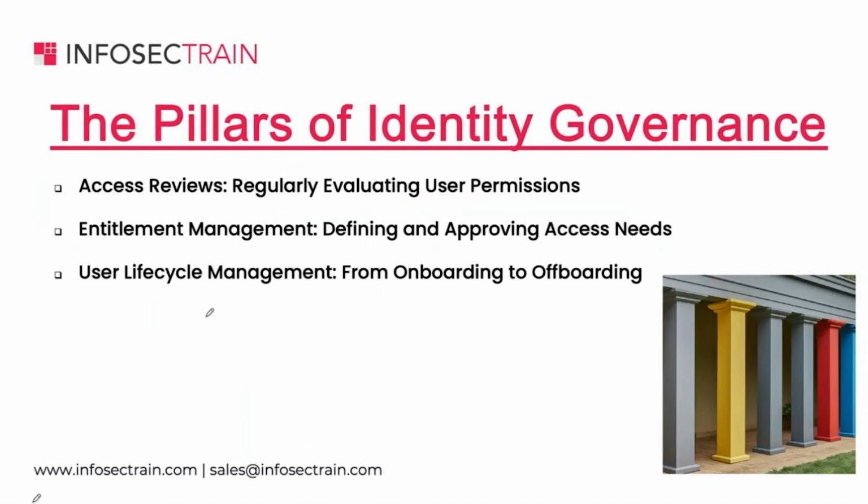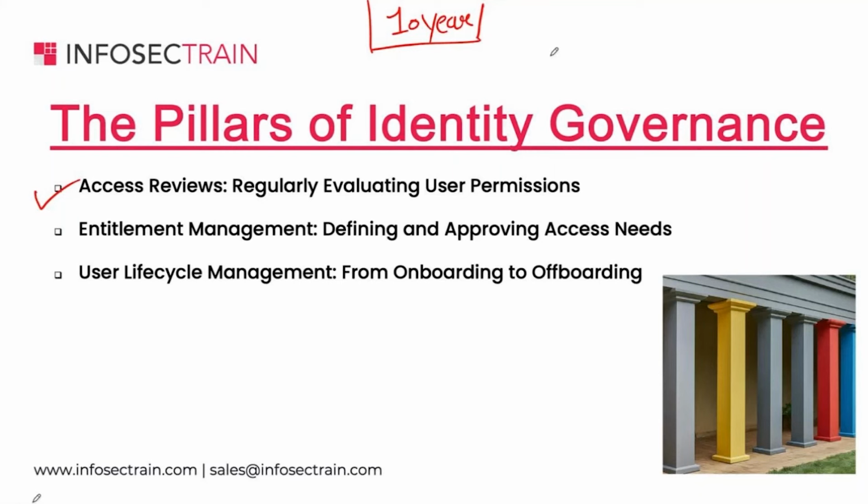we will talk about some pillars of identity governance. Like yesterday when we were discussing PIM, one point came up, that was access review. Here as well, like I was giving you the example, if a person works for 10 years, he or she is going to accumulate permissions over those 10 years. So at regular intervals, you should be reviewing the access.